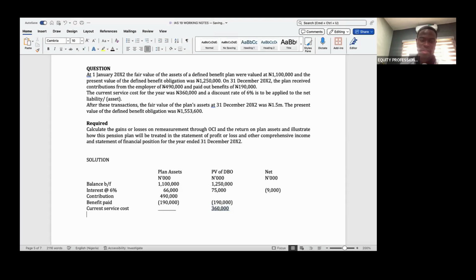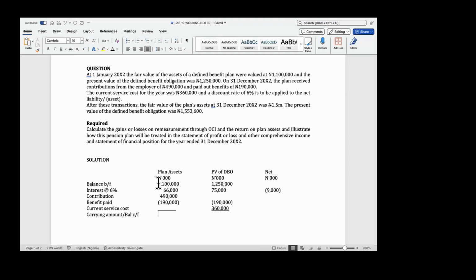Now, what's the balance at the end of the year? I like to write it as carrying amount, so it's easily comparable. You can put it as balance carried forward if you wish. Can you cumulate these figures on that plan asset for me, please? 1,466,000.